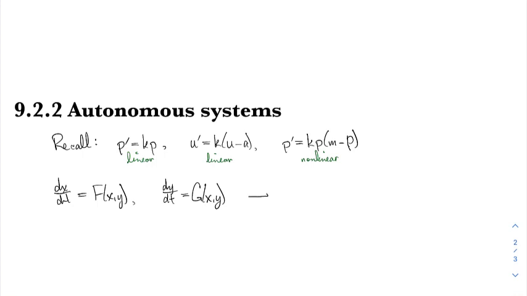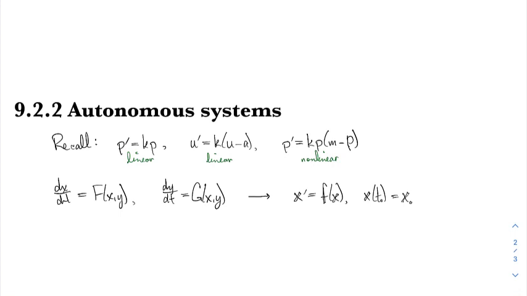So we can rewrite this as saying dx/dt is some function of x like that, and then that our x at time t0 is some prescribed initial condition.